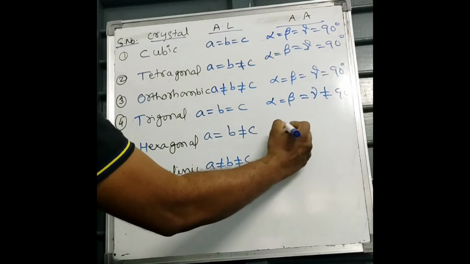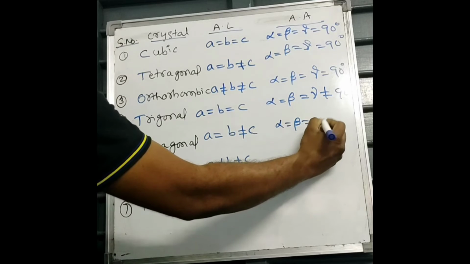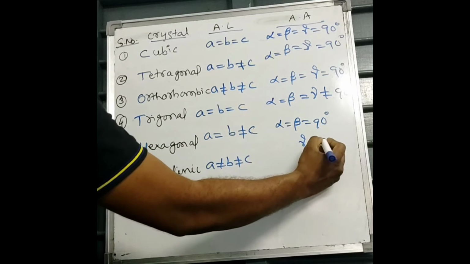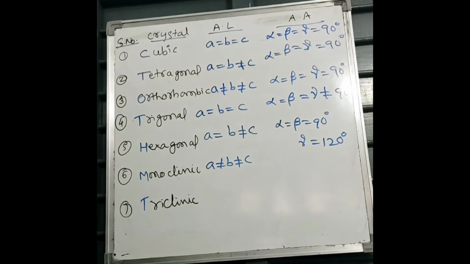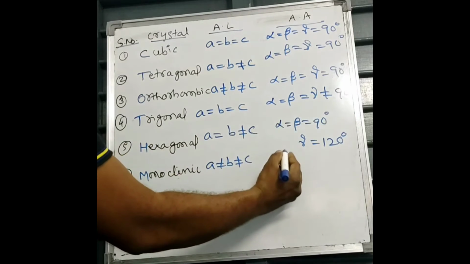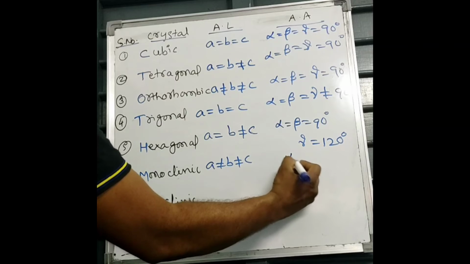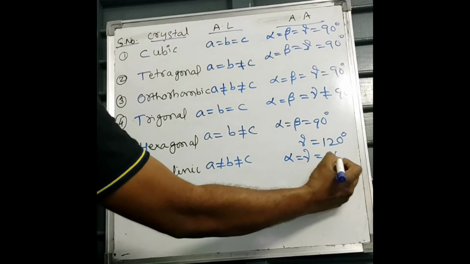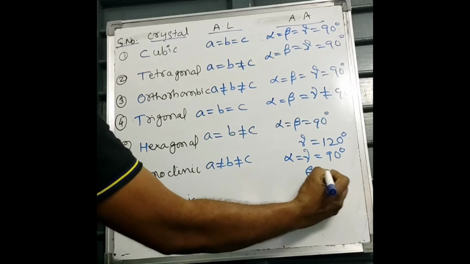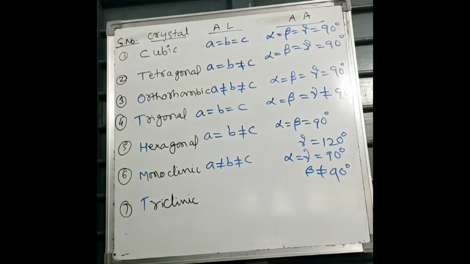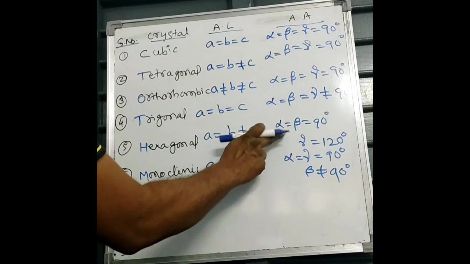And here alpha equals beta equals 90 degrees, but gamma is 120 degrees for hexagonal. And here, see, alpha equals gamma equals 90 degrees, beta is not equal to 90 degrees. Okay, now you have to remember these two only.